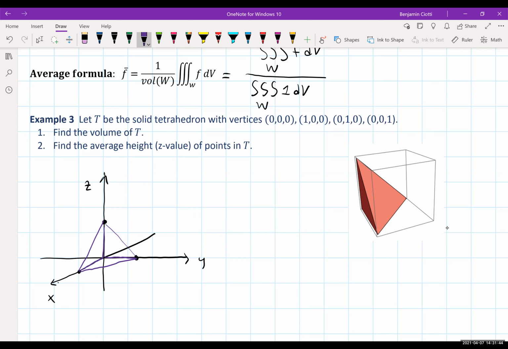Okay, so there's my tetrahedron. If you compared it to this picture, you would see that this is the x-axis, this is the y-axis, and this is the z-axis. And first, we want to find the volume of the whole thing for part 1 here.